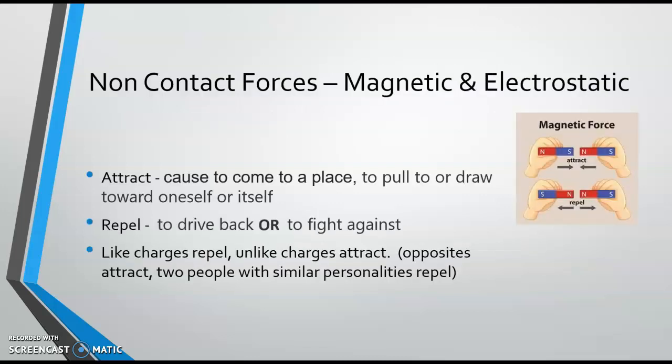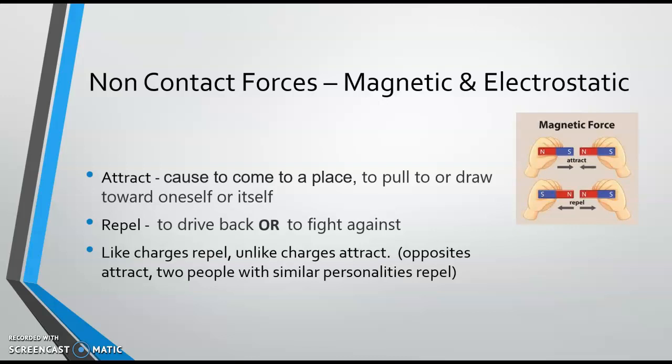So with non-contact forces and with magnets, we've got a few terms here you want to know. Attract, which is going to pull or draw together. With magnets, you have your opposites attract, and repel would be to drive back or fight against, or repulse, they also say. So the way I like to explain this is opposites attract. Sometimes you get two different people and they get together and they have great conversation.